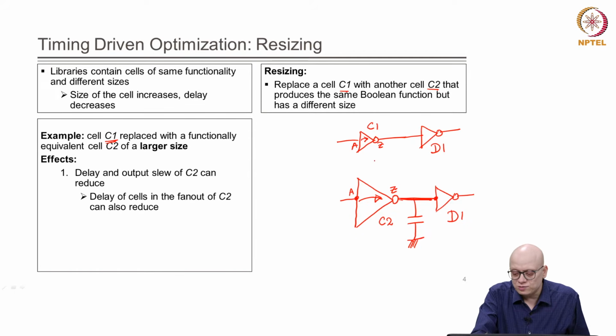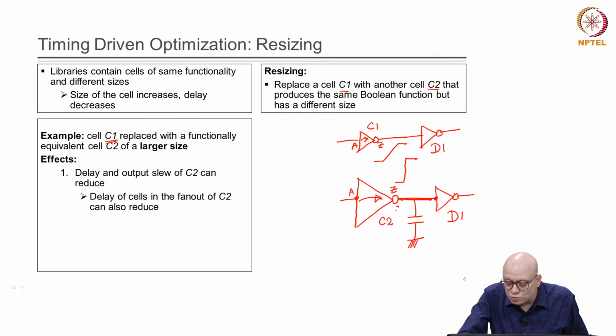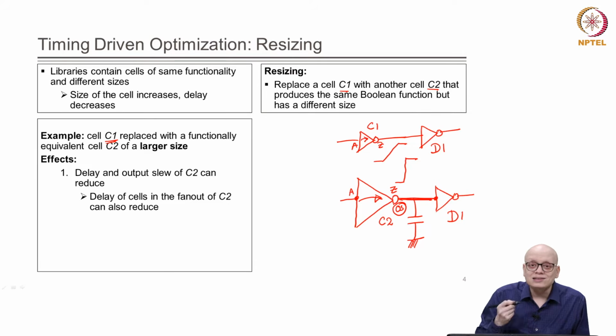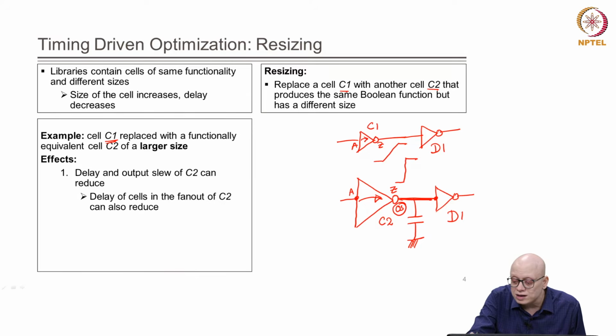So, if it was rising slowly, when we replace it by C2 it will rise sharply. So, the output slew will also decrease if we use C2 of a larger size. And as such, if the output slew decreases, what happens to the delay of the transistor D1?